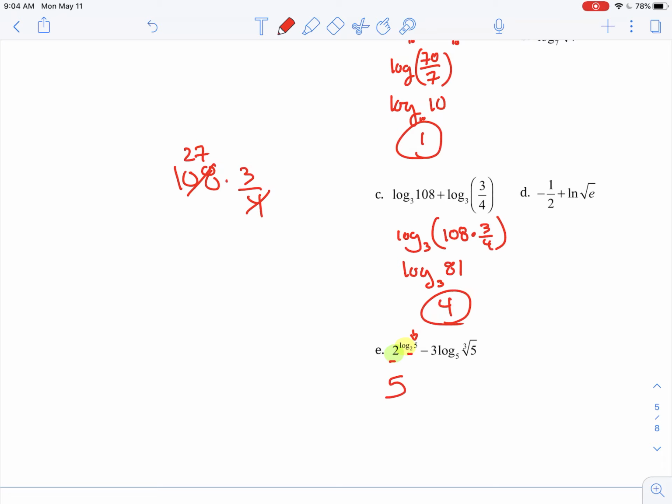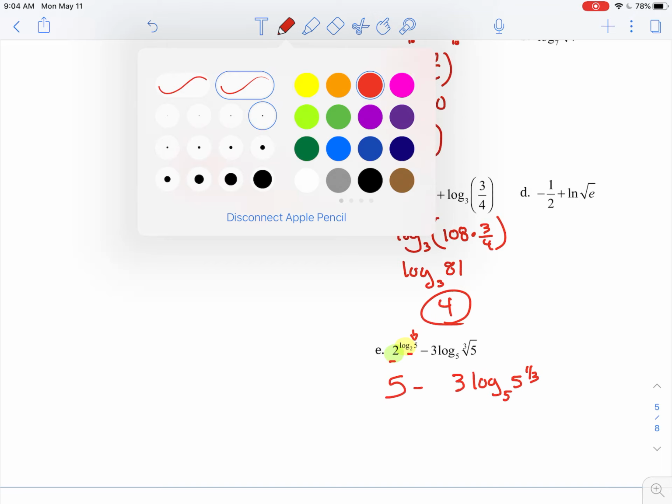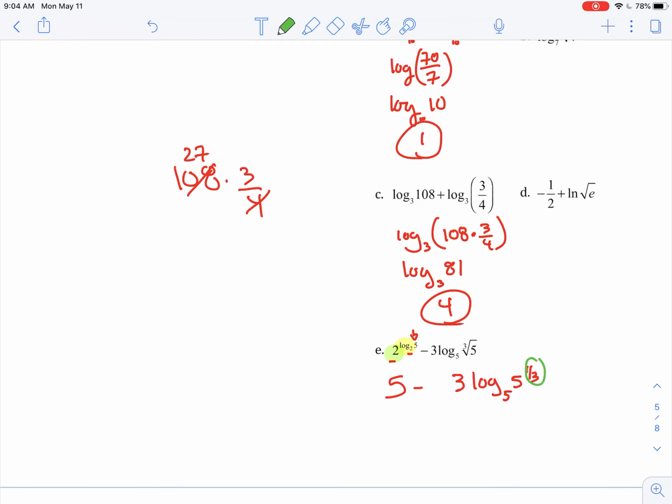On the right side here, I have 3 log base 5 of 5 to the 1/3. I have a couple of options. If I want, I can take that 1/3 and bring it down in front and multiply. Or if I have the number in front of the word log, I could take that 3 and bring it up as a power.